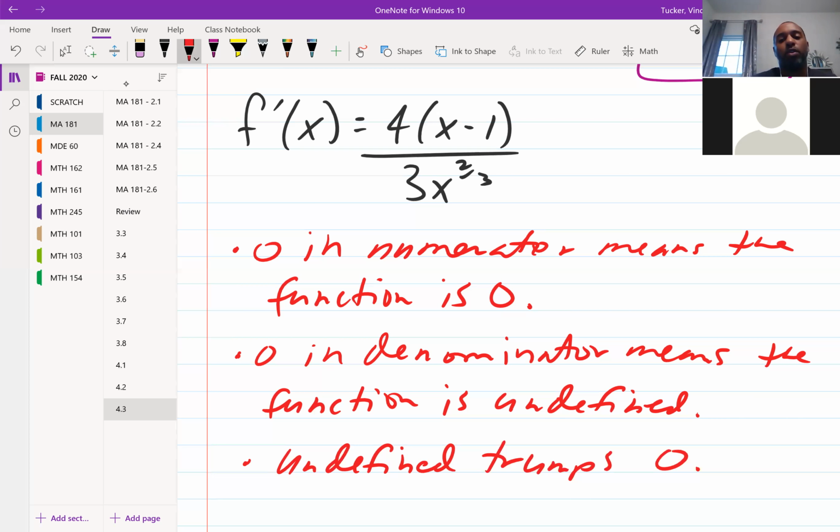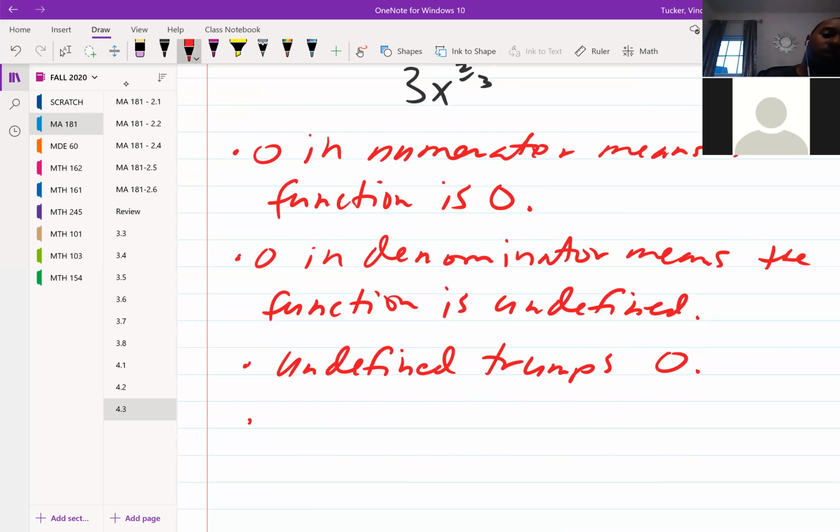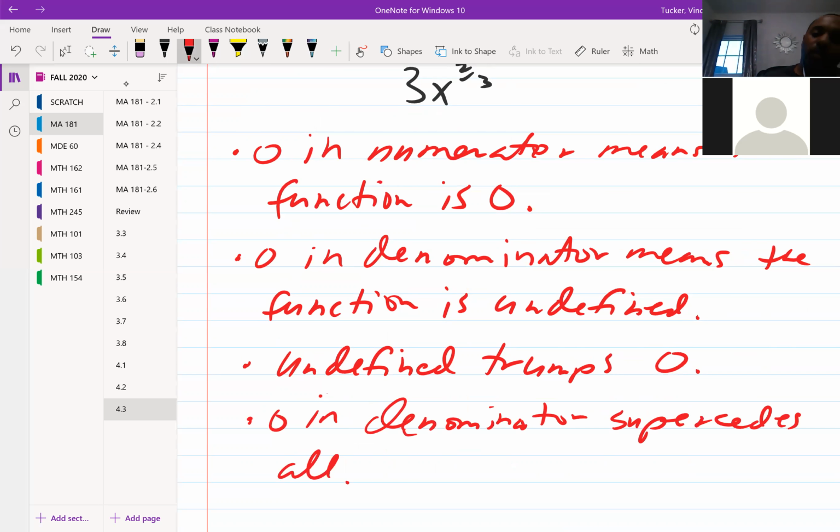So 0 in your denominator supersedes all.